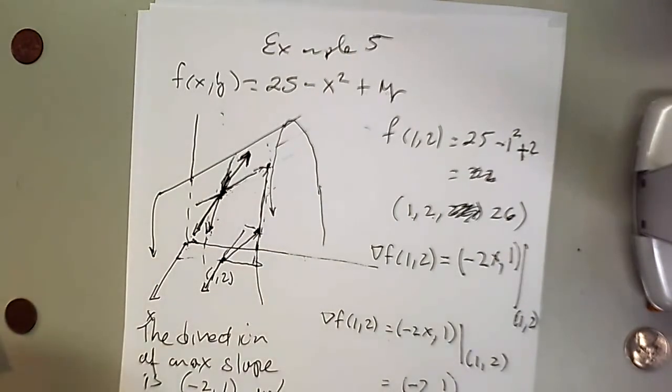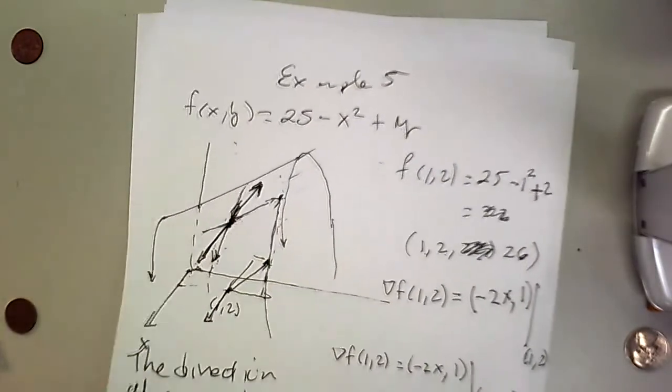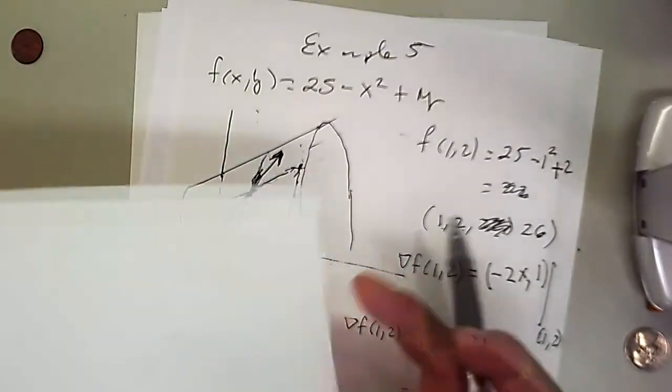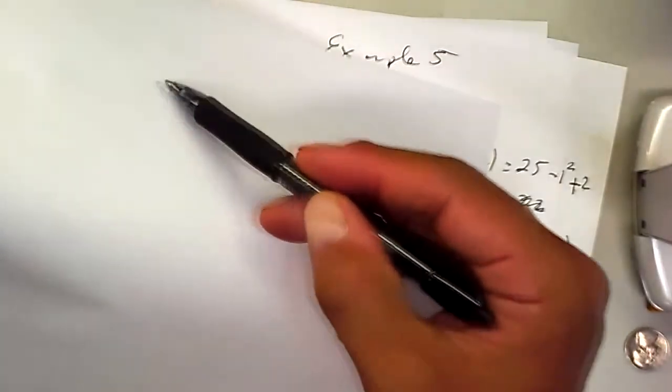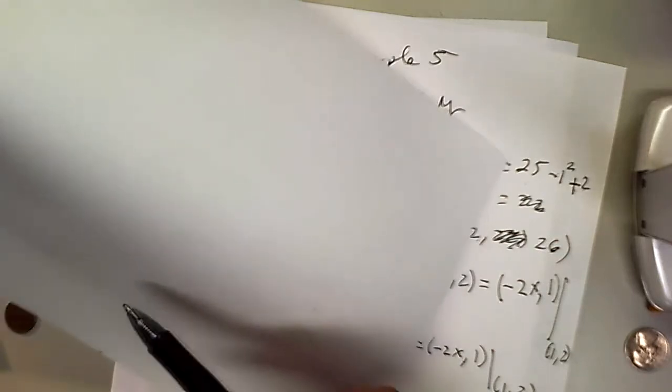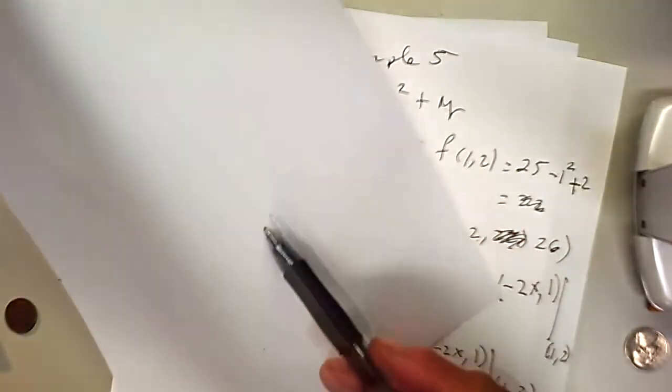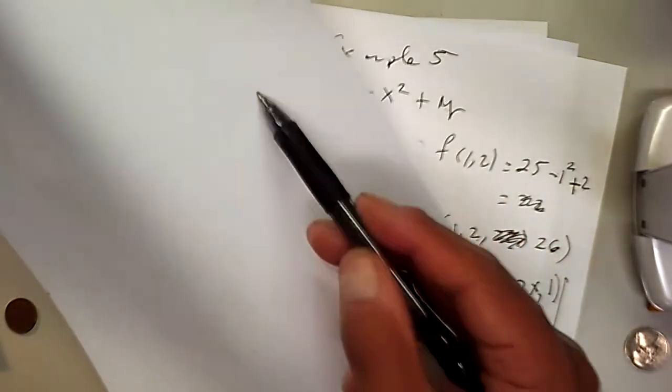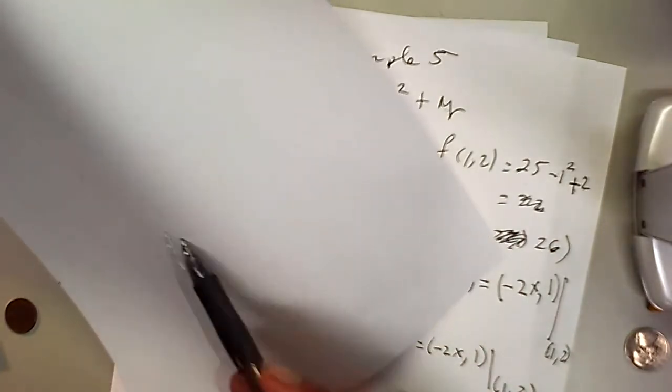Because when you have a surface, any kind of a surface, there is going to be one direction. So this is slanted. So this is higher and this is lower. There's going to be one direction where we're going to maintain the same slope. Or not the same slope, I meant the same level.